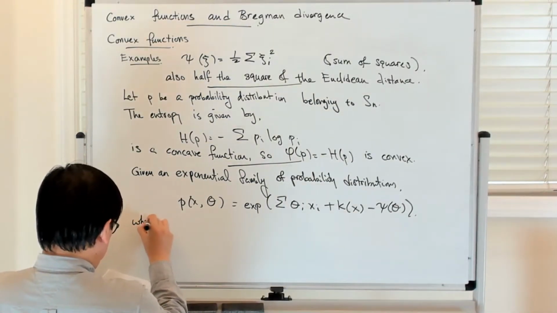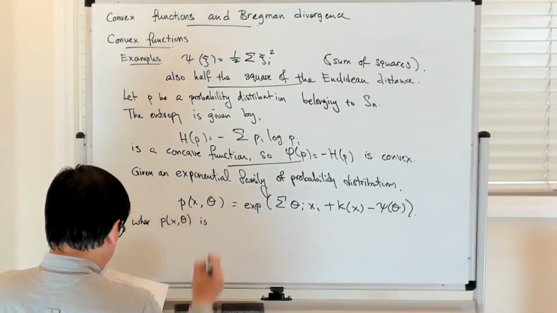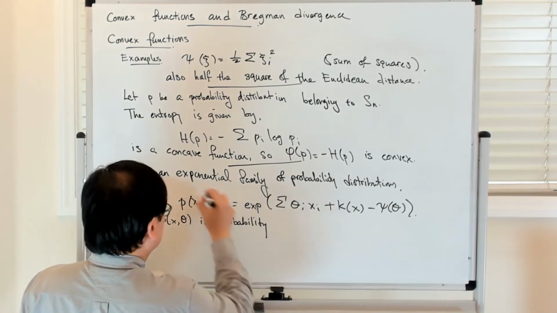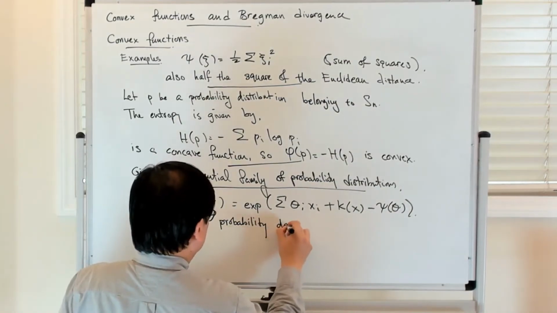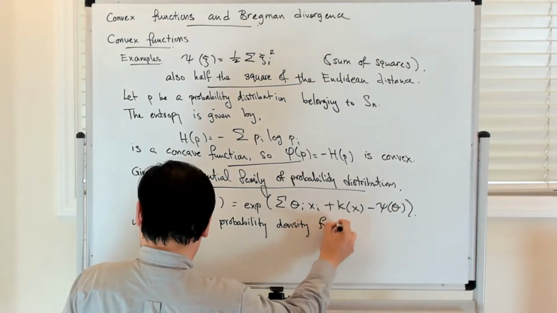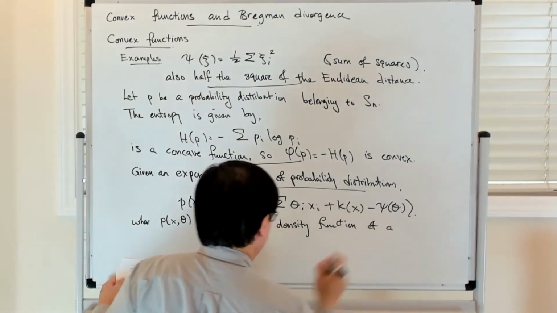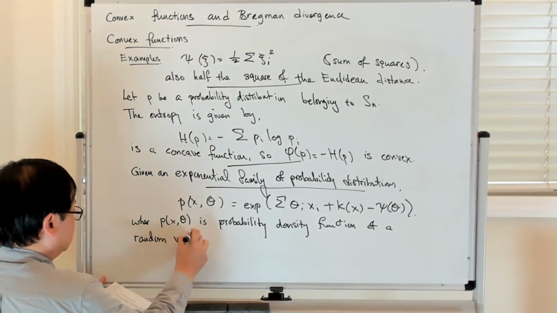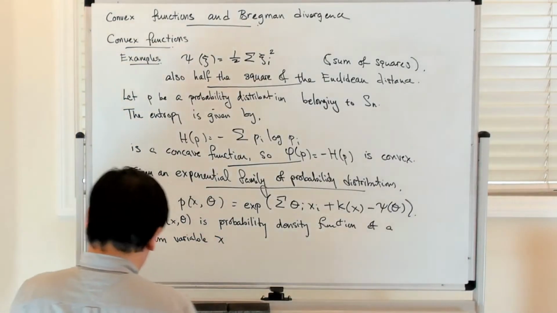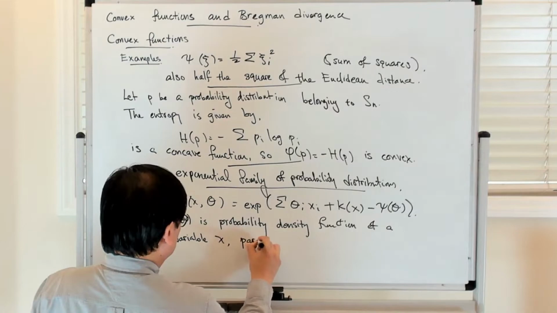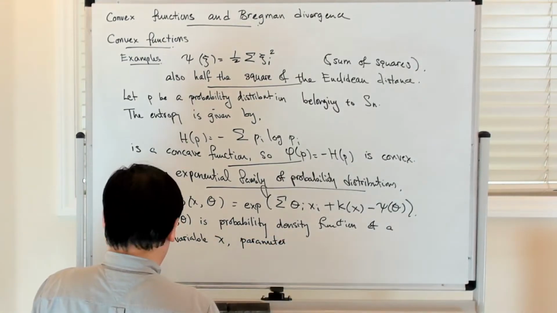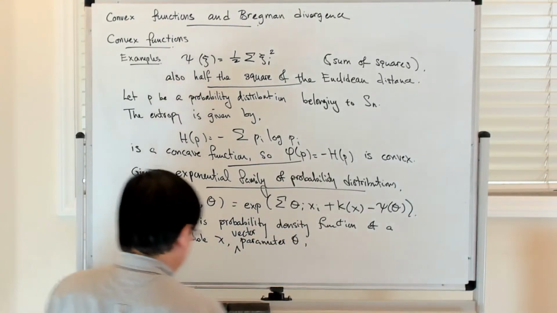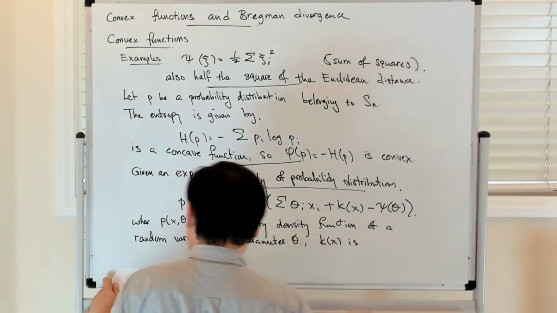Where p(x; theta) is the probability density function of a random variable x, with a vector parameter theta, and k of x is clearly a function of x.